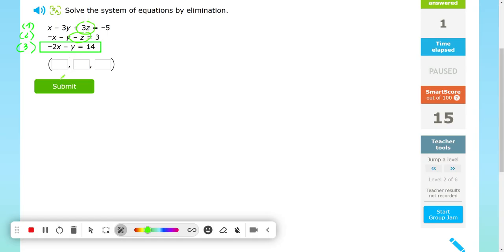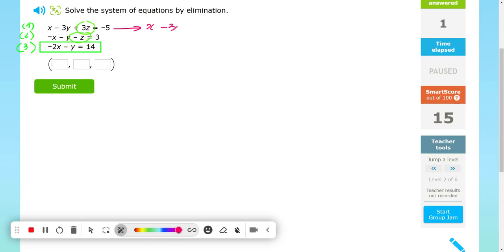Which equation do I multiply with something? What do you think? This is 3z. The other one has to be negative 3z. So on equation number 2, I have to multiply with how much? 3. Correct.